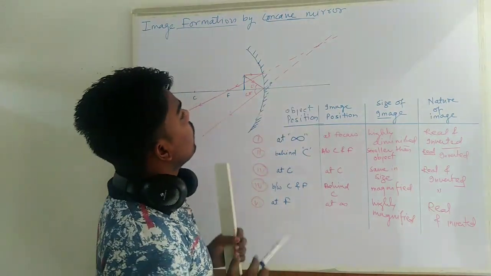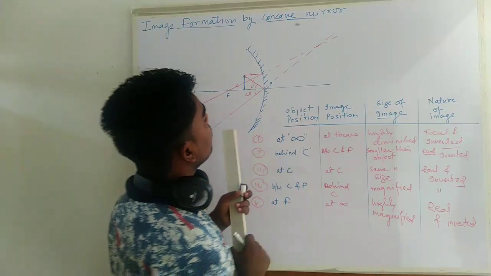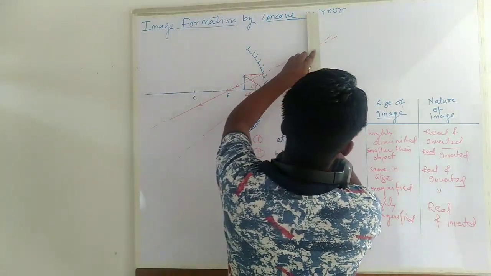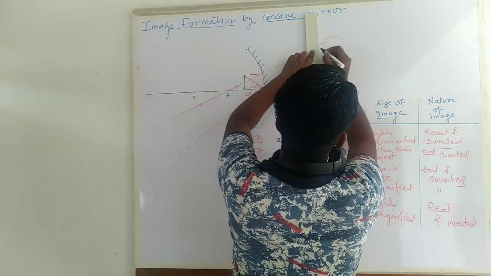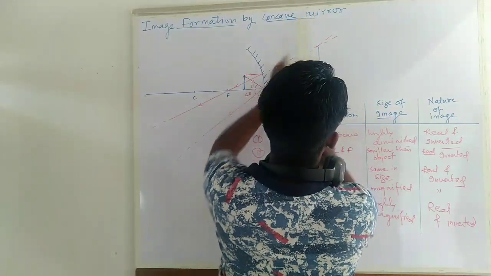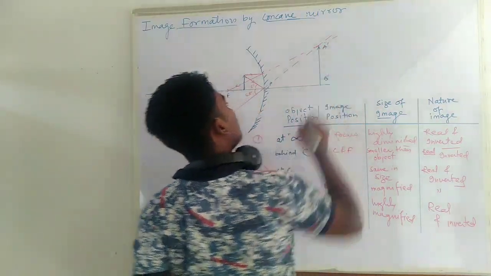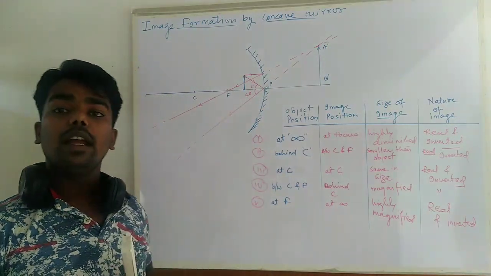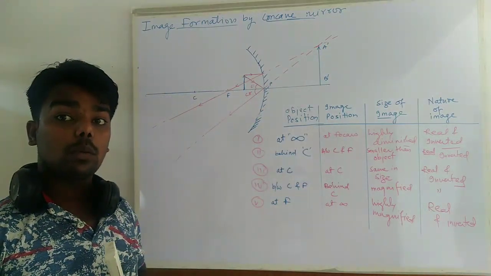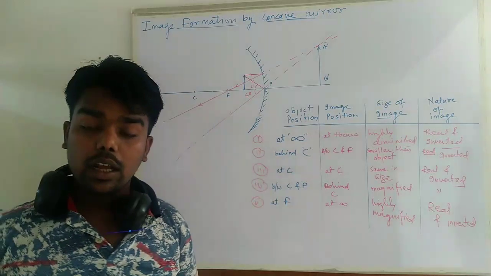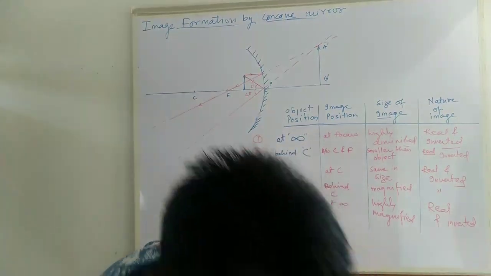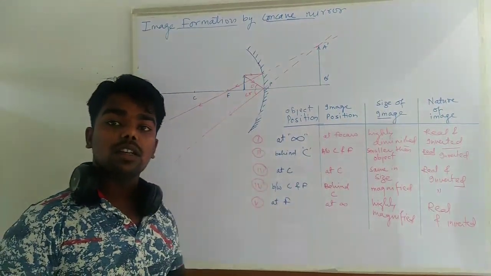So the image will form behind the mirror, and this image you will see as A dash, B dash. This image will be erect. Till now the images we were getting were inverted, but this image is erect.